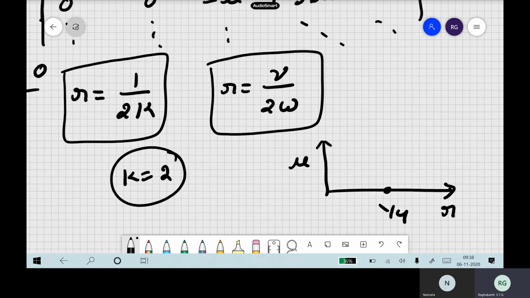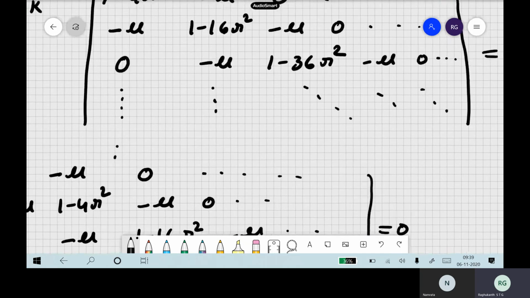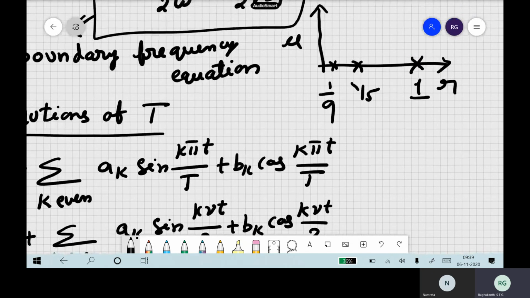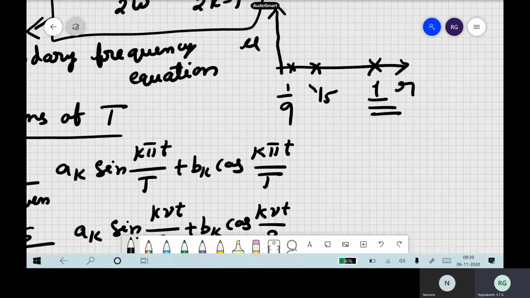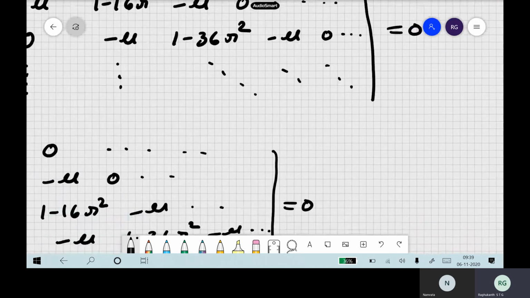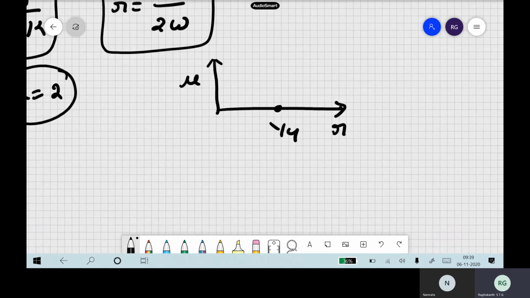Previously our roots were 1, then 1 by 5, then 1 by 9. 1 was there, then 1 by 5 came.